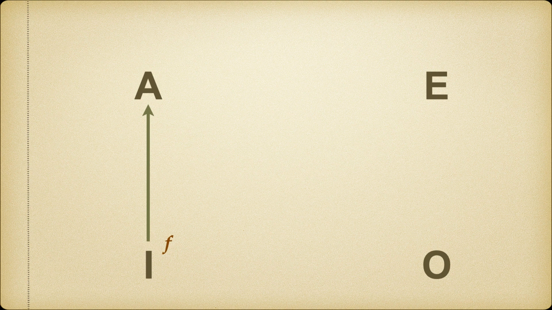Now, let's take this case. Let's assume that it's false that there is at least one dog that has a tail. What must be true of the A proposition? That's right. It must be false. If there's not even one dog that has feathers, it certainly must also be false that they all have feathers.